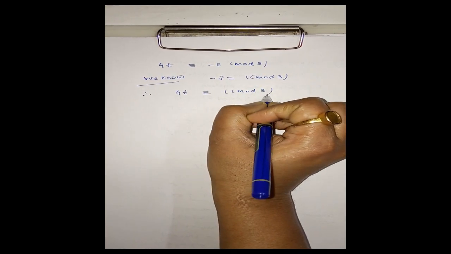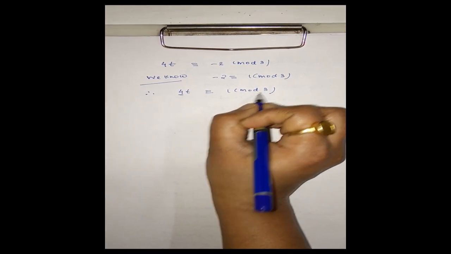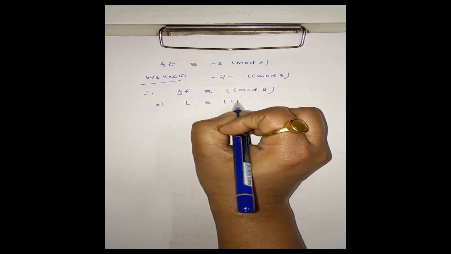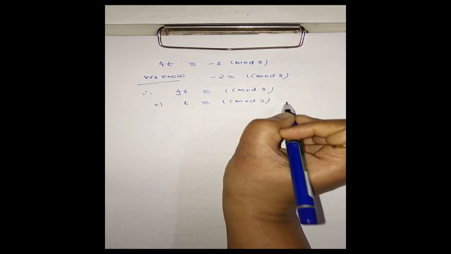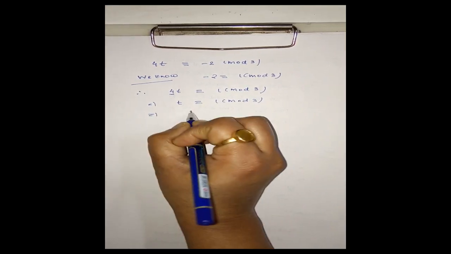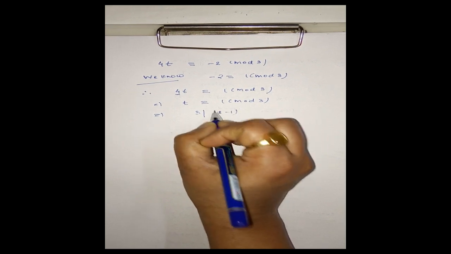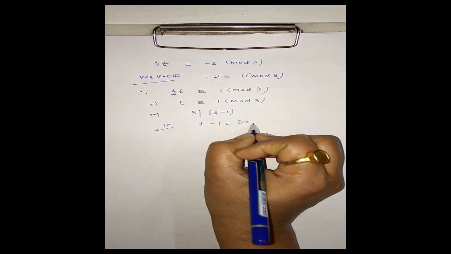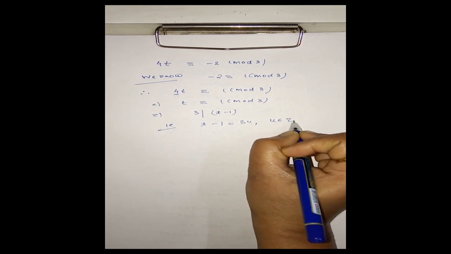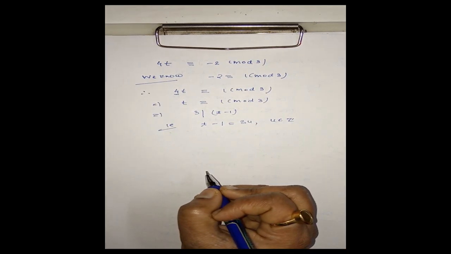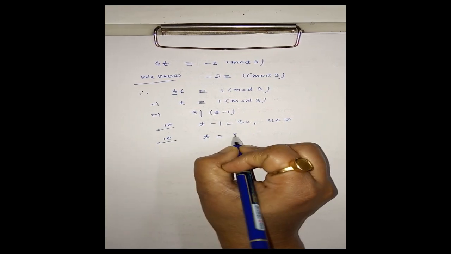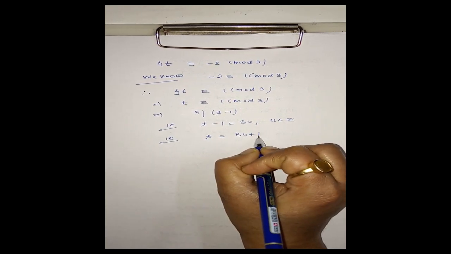Dividing 4 by 3 and writing the remainder, t is congruent to 1 modulo 3. This gives 3 divides t minus 1, so t minus 1 is equal to 3u for some integer u. That is, t is equal to 3u plus 1.